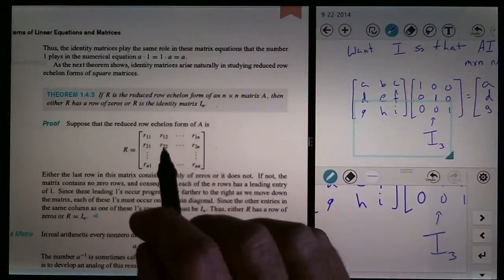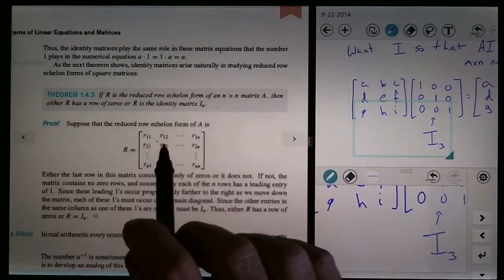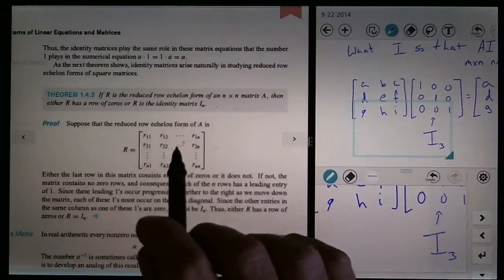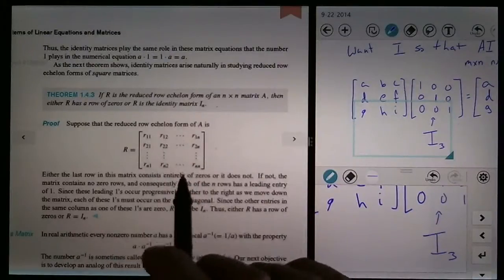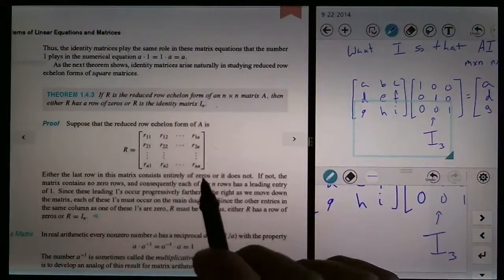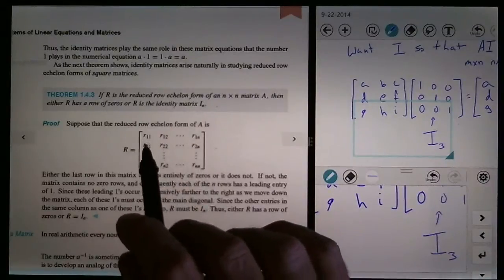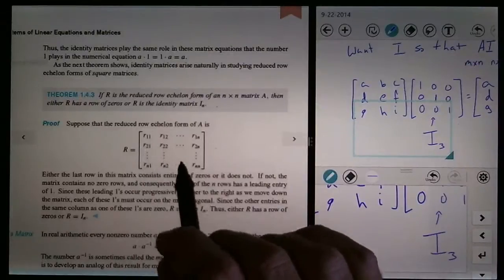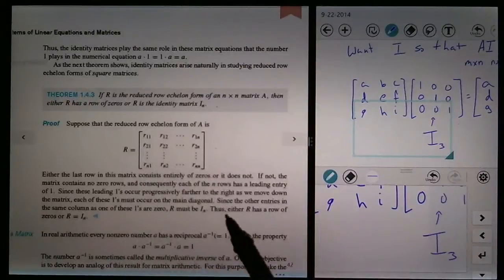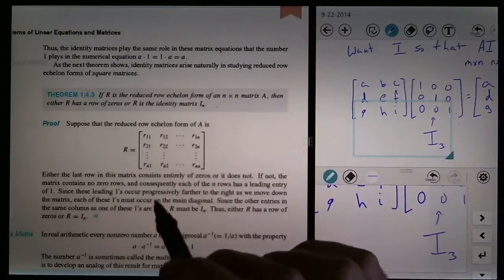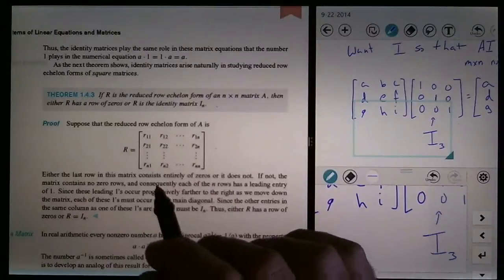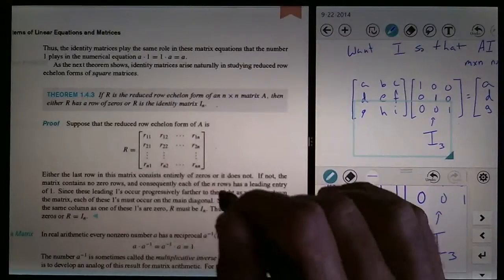Well, that's easy enough to prove. If it's n by n, it has n rows. If every row has a leading 1, then you can't have 2 leading 1s in the same column. So the leading 1s have to be in all different columns. You only have n columns. So every row has a leading 1, and every column has to have a leading 1.